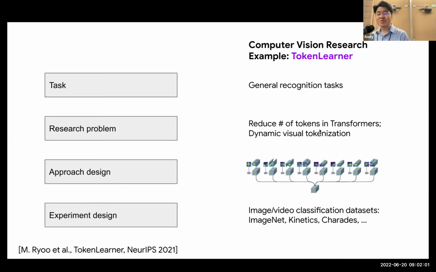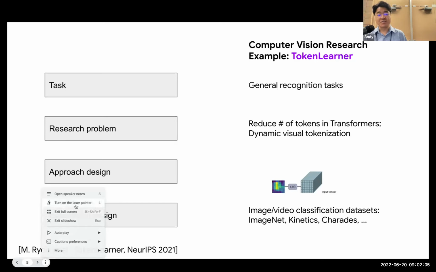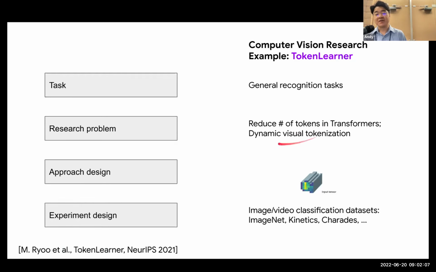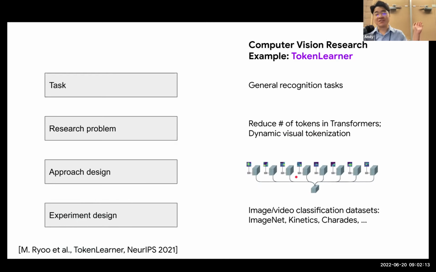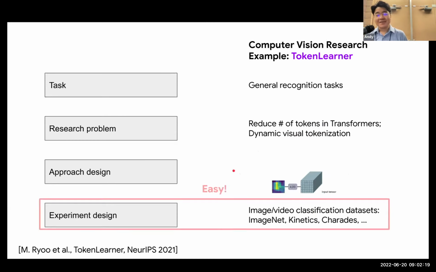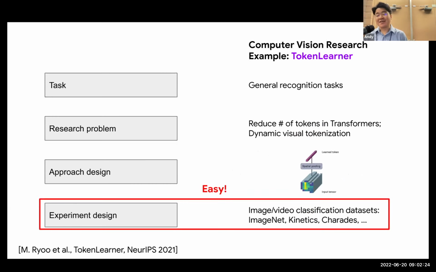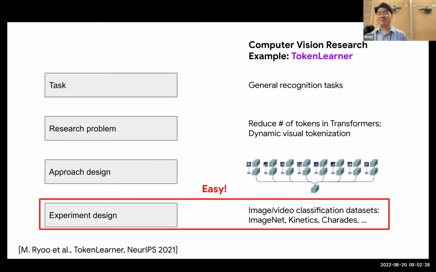The motivation or the problem I wanted to focus on was essentially reducing the number of tokens in transformers and doing some dynamic visual tokenization. And there was an approach to implement this in the form of a spatial attention mechanism. After that, the decision for me was pretty easy. I had to use ImageNet, I had to use Kinetics, I had to use Charades, and that's how things went.